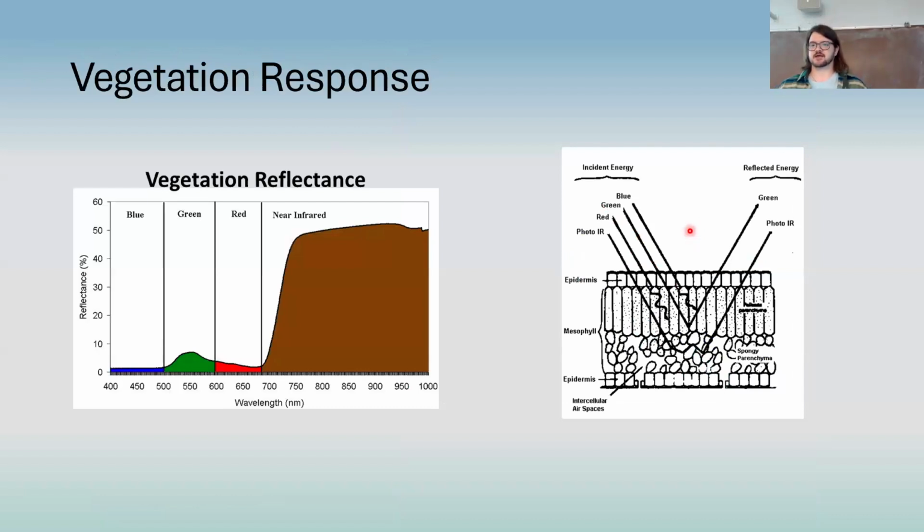Today I'm going to be talking about vegetation response. So some quick background here. Generally speaking, vegetation absorbs a lot in the visible light spectrum, particularly red and blue, because these are photosynthetic pathways. Green as well.